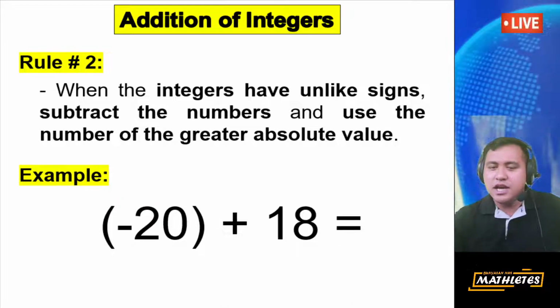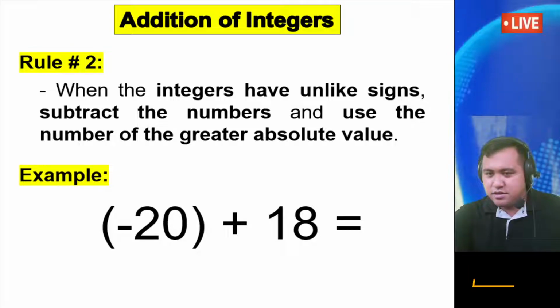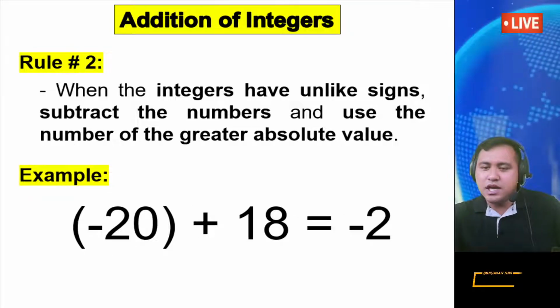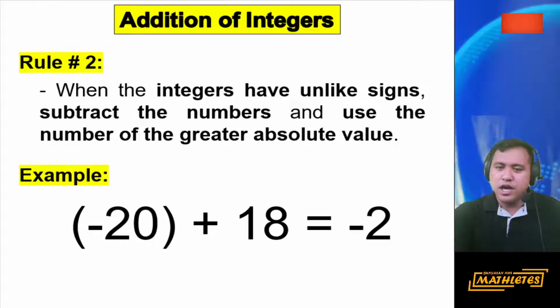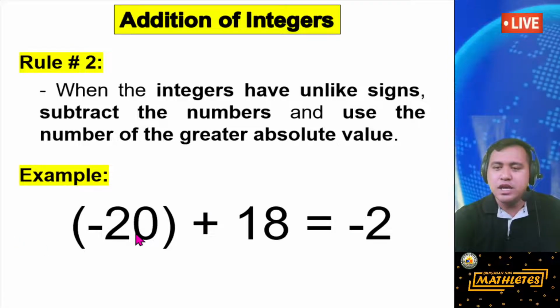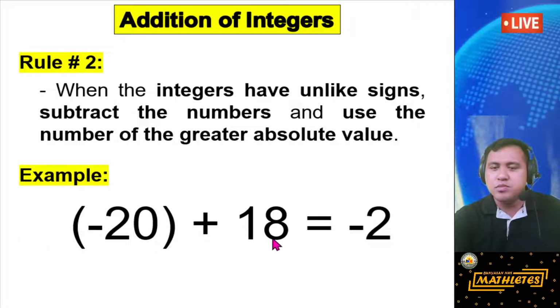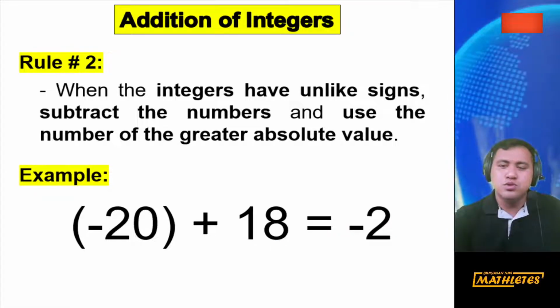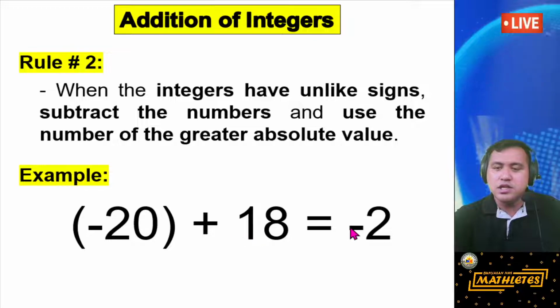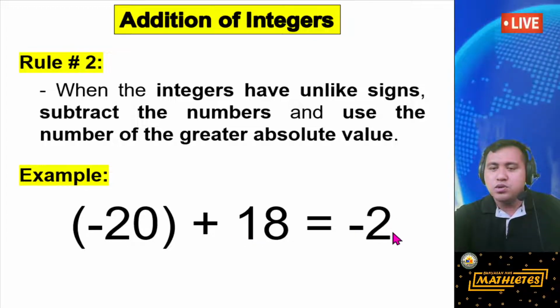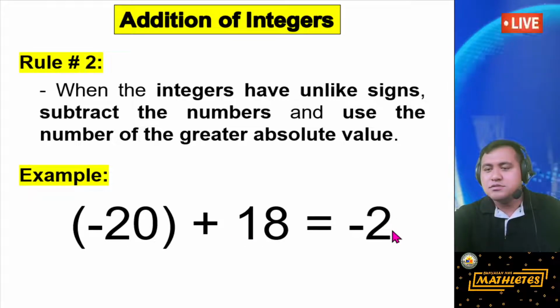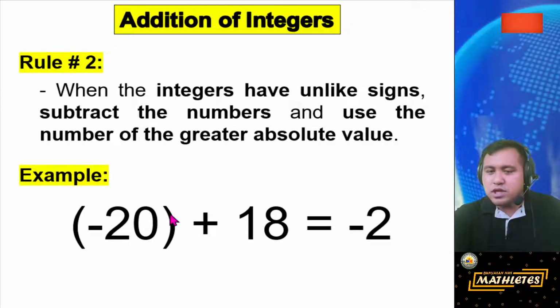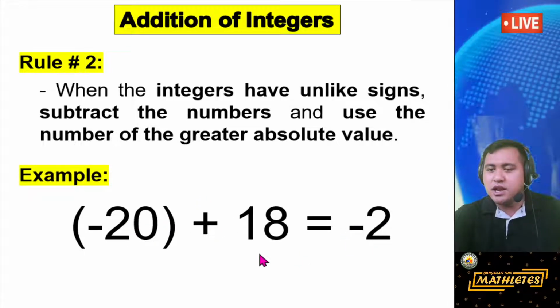Another is negative 20 plus 18. So that makes negative 2. Okay? The absolute value of negative 20 is 20. The absolute value of 18 is 18. If you are going to subtract, 20 minus 18, that is 2. Kung sa sign ni 2, atong tanawon kung asa ang greater absolute value.